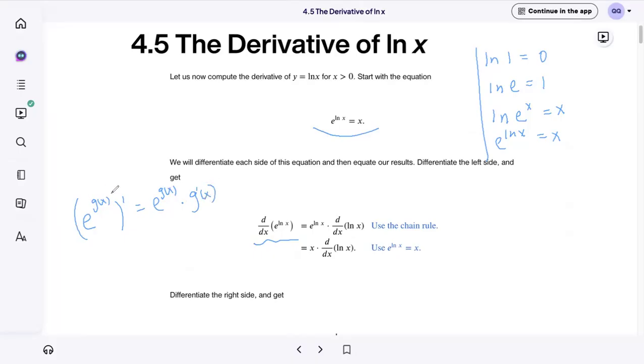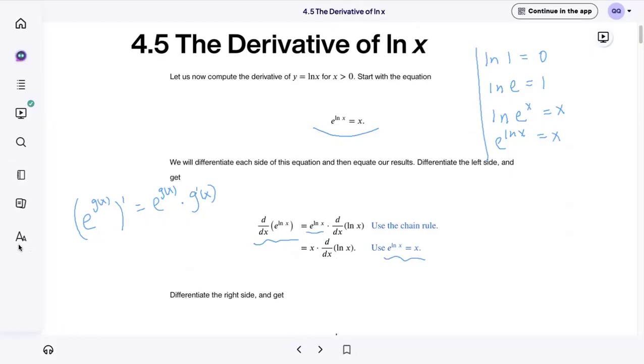So I have to take the derivative of the exponent, which is the derivative of ln x. Since e raised by ln x equals x, the derivative of e to the ln x is x times the derivative of ln x.